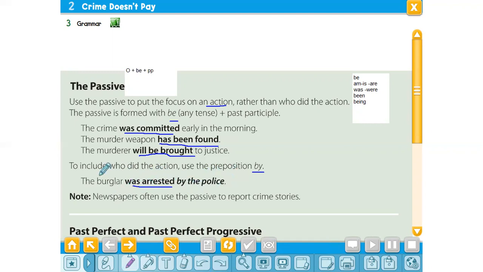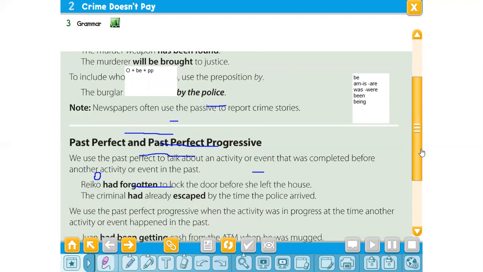So we start with the object plus verb to be in the past, the main verb in the past participle, the preposition by, and to include who did the action. The newspapers often use the passive to report the crime. Clear now? The passive is clear.